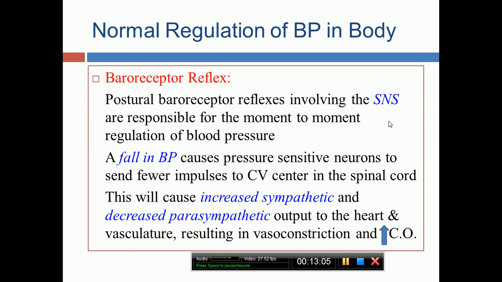So the greatest pressure of blood would be in the aorta and carotid sinus, which is the best place to measure blood pressure. If these baroreceptors measure a fall in blood pressure, or the pumping ability of the heart is lower, then they take some action.